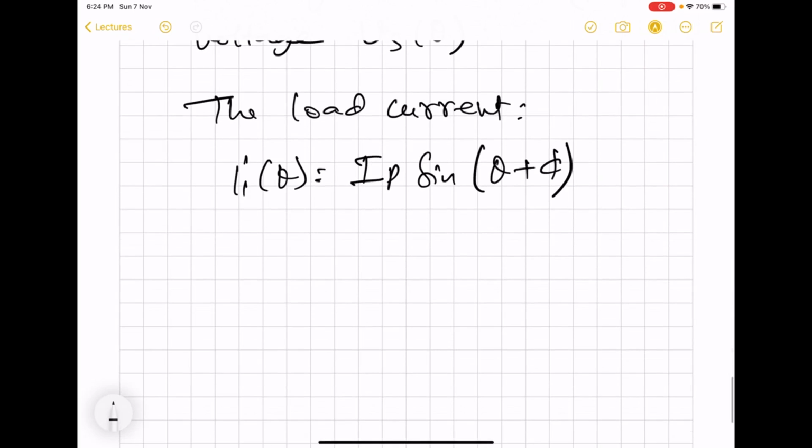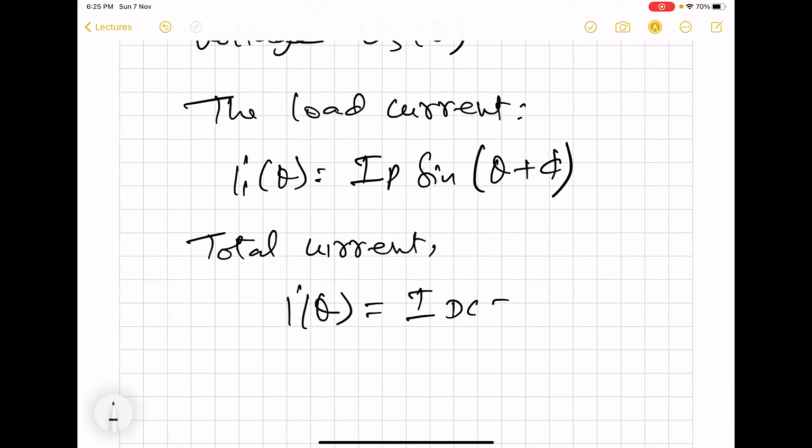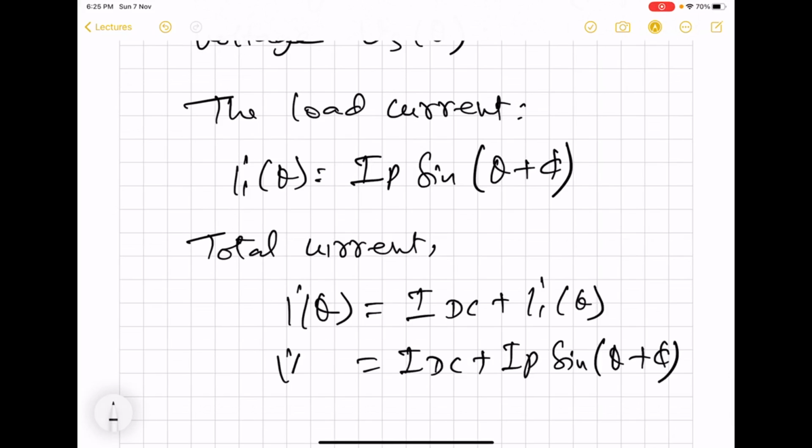Now the total current I is IDC plus I1, so this is IDC plus IP sine(theta plus phi).